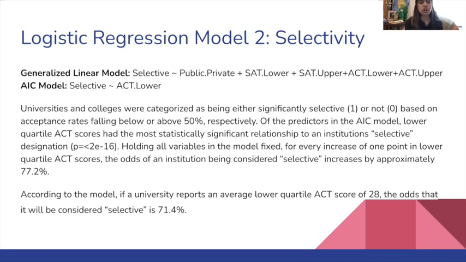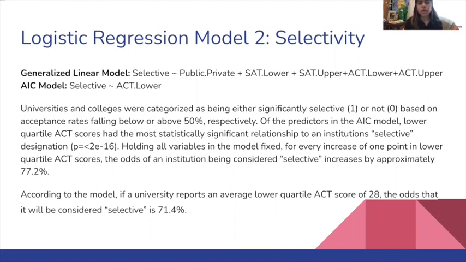So universities and colleges were categorized as either being significantly selective 1 or not, based on acceptance rates falling below or above 50% respectively. Of the predictors in the AIC model, lower quartile ACT scores had the most statistically significant relationship to an institution's selective designation, with a p-value of less than 2 times 10 to the negative 16th power.